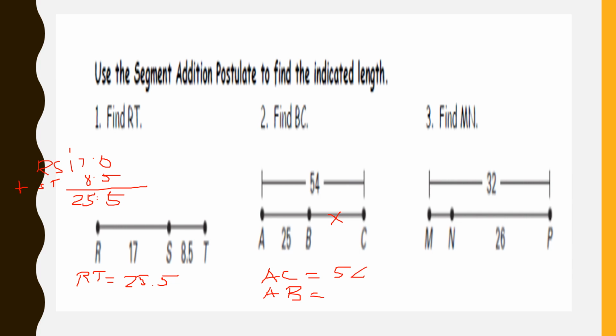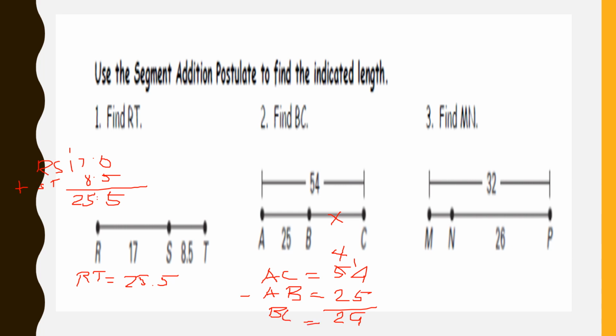So all you need to do is subtract, okay? So we have 14 minus 5 is 9. This will be 4. 4 minus 2 is 2, okay? So we got 29. So BC is equal to 29.